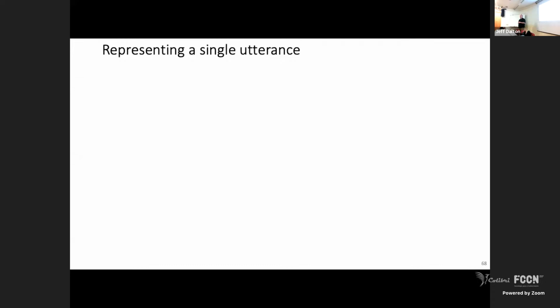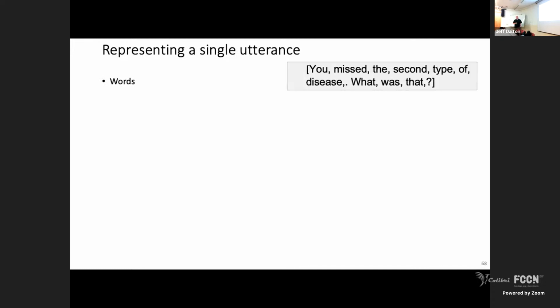But this is just a single term. So you might keep that state. Just the text. What about just the text? Just the individual words or word pieces. Anything else?